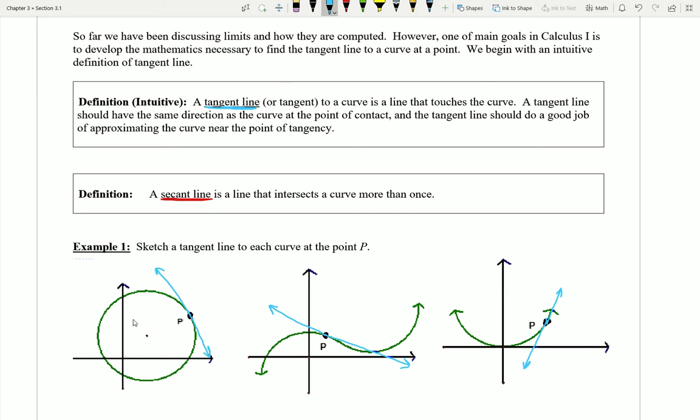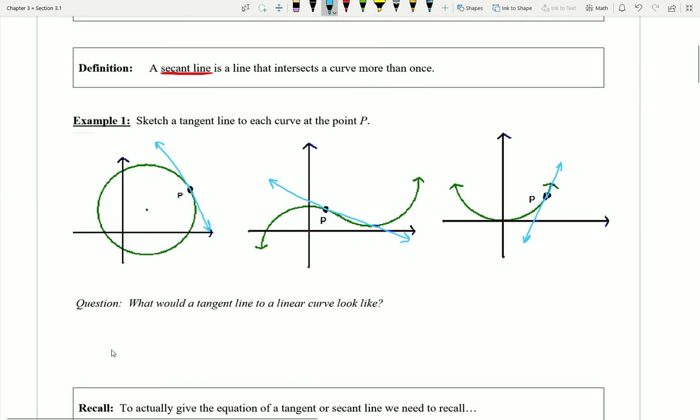And our goal is going to be to figure out in this section what exactly are the equations of such lines. Now before we get to answering questions like that, I instead have a different question for you to think about. What would a tangent line to a linear curve look like?